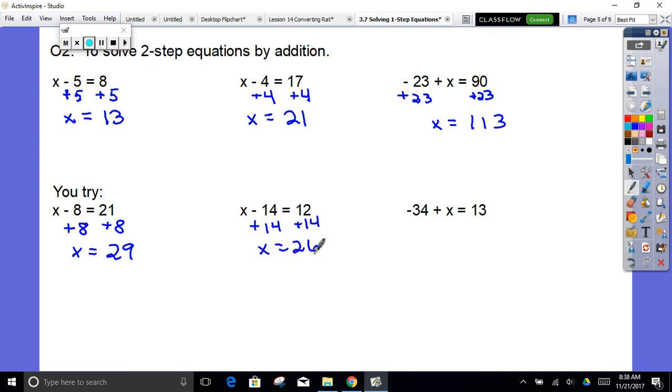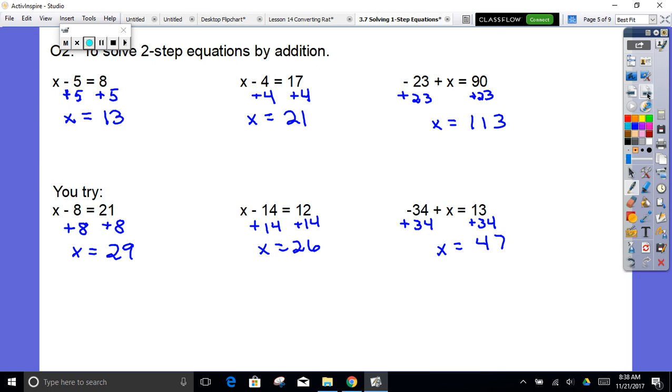Good. And the last one, Reagan. You would add 34 to 34 and 13. Okay, so x equals 47. Good. Okay, any questions about these?